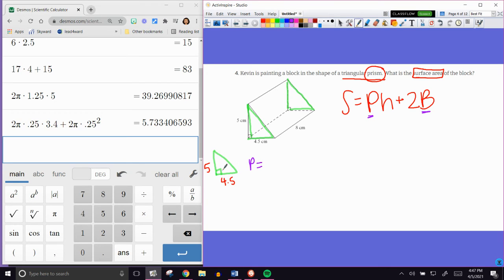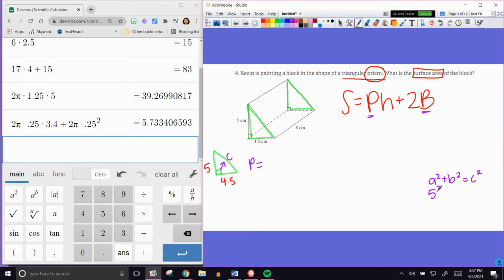Well, I only see 2 sides here. A triangle has 3. That means I'm going to need to do Pythagorean theorem because I do have a right angle here. Okay, so when I do Pythagorean theorem, I do a squared plus b squared equals c squared. Remember that your right angle points to the c, or the hypotenuse.